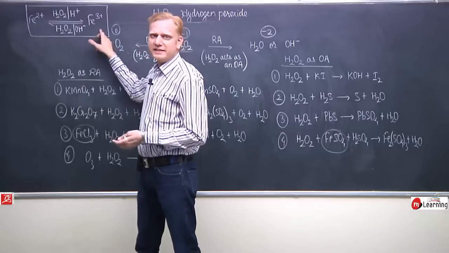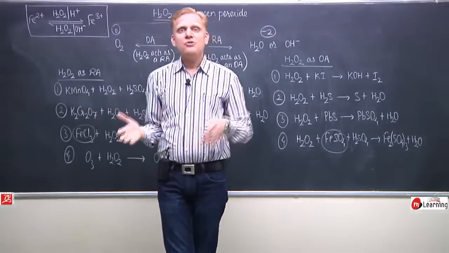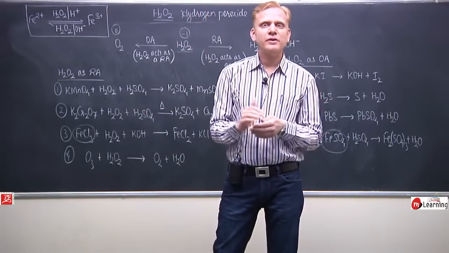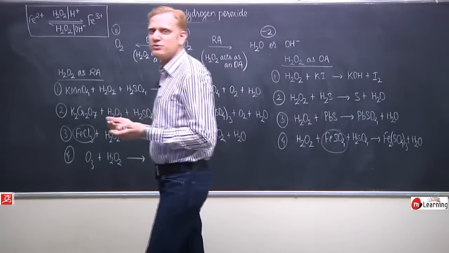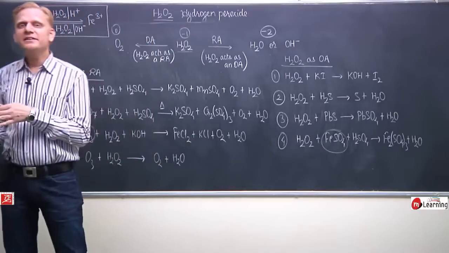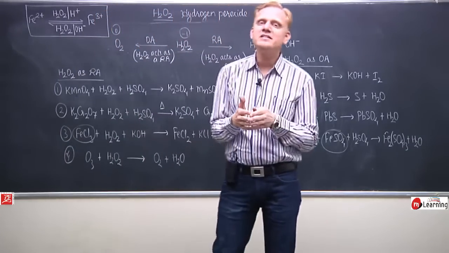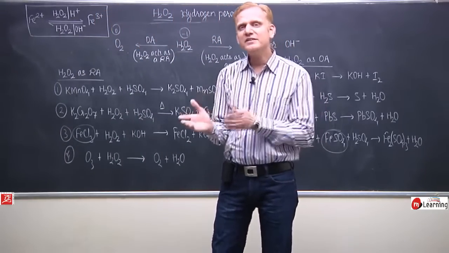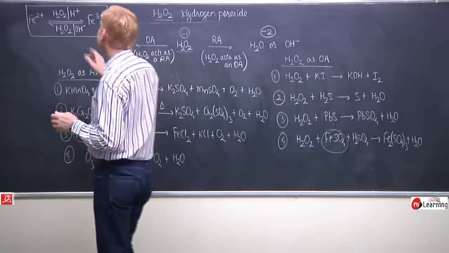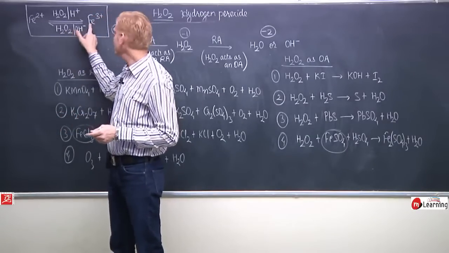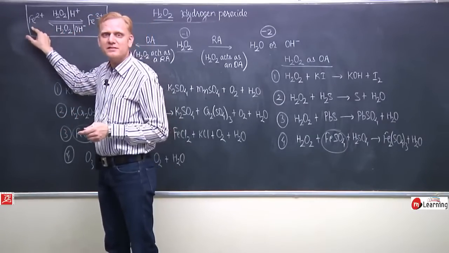When ferric is taken, once again, ferric has a possibility to go in the form of ferrous. So it itself can be reduced. When ferric reduces into ferrous, the role of hydrogen peroxide will be as a reducing agent. Or in other words, hydrogen peroxide itself will undergo oxidation in this change from ferric to ferrous.